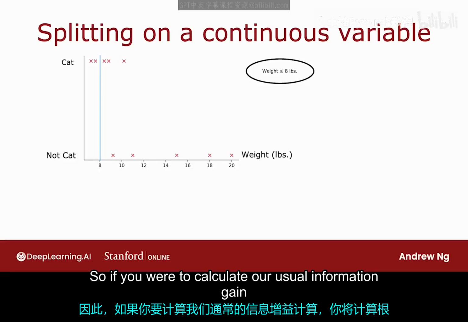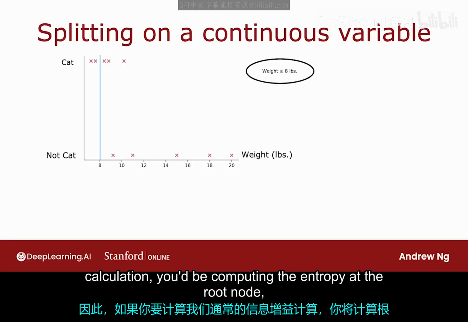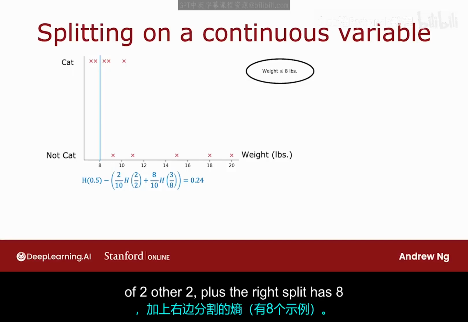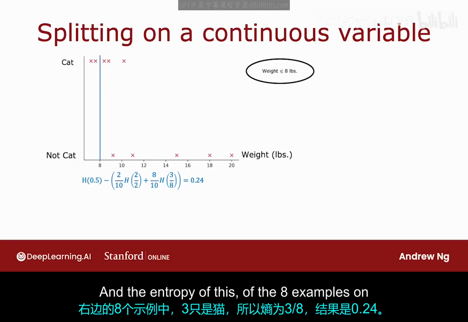So if you were to calculate our usual information gain calculation, you'd be computing the entropy at the root node, entropy of 0.5, minus now 2/10 times entropy of the left split has 2 out of 2 cats, so entropy of 2 out of 2, plus the right split has 8 out of 10 examples, and an entropy of the 8 examples on the right, 3 are cats, so entropy of 3/8, and this turns out to be 0.24.